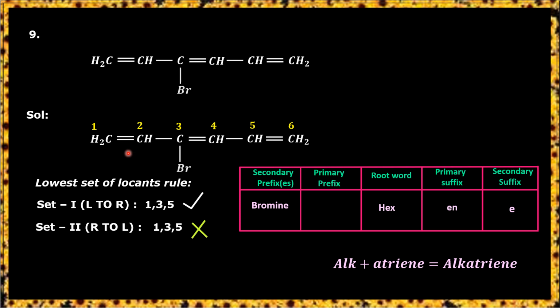Because 3 double bonds are there. So the root word becomes alka, hexa. So 3-bromo hexa 1 comma 3 comma 5 triene. 3-bromo hexa 1 comma 3 comma 5 triene. Okay.